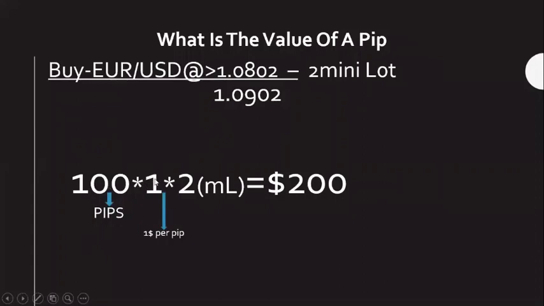So we're going to times 1 times this 100 pips movement times the number of lots we used, 2 mini lot size. So it actually gives us a profit of $200. If you observe closely, standard lot is actually bigger than the mini lot size.